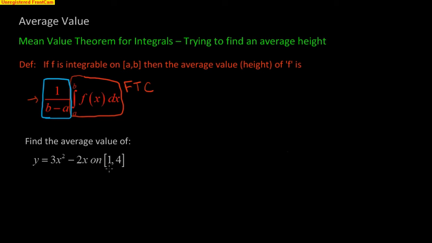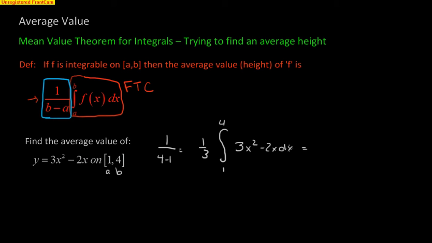So I got one right here. Find the average value of the following. I like to make sure that I always put in front 1 over b minus a, and again, there's your a, there's your b, so I'm going to have 4 minus 1, so I'm going to have 1/3 that goes in front of the integral, going from 1 to 4 of 3x squared minus 2x dx.